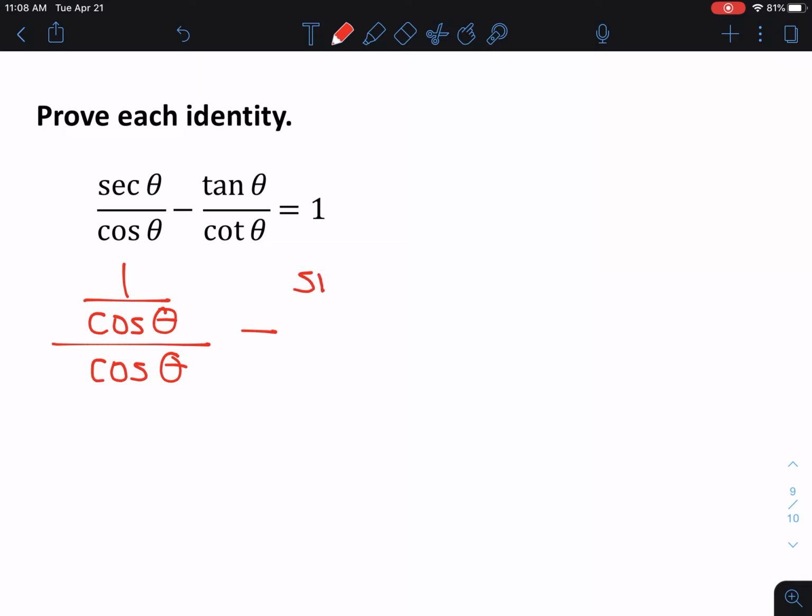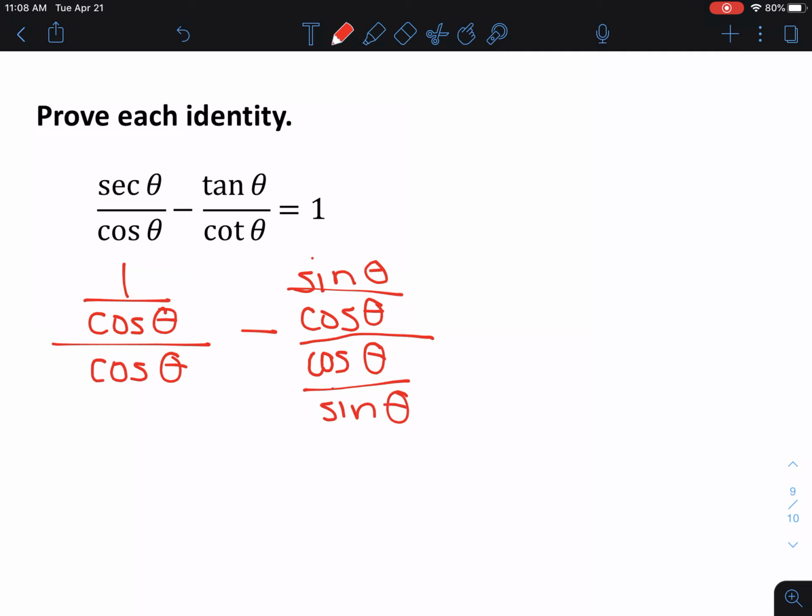So tangent is sine theta over cosine theta, and cotangent is cosine theta over sine theta. Okay, and I'm trying to make this eventually look like 1. So how the heck is that going to happen?